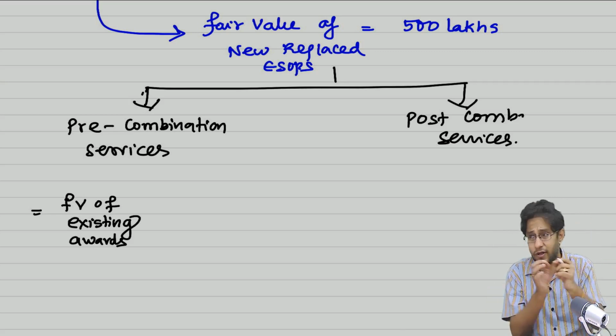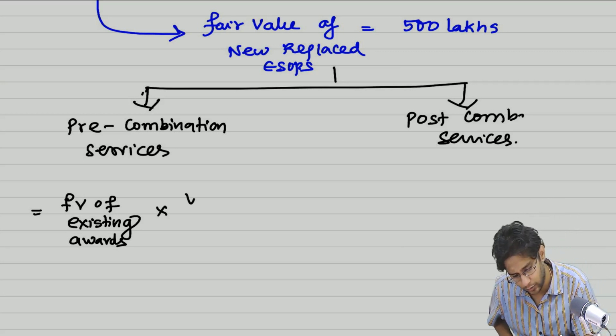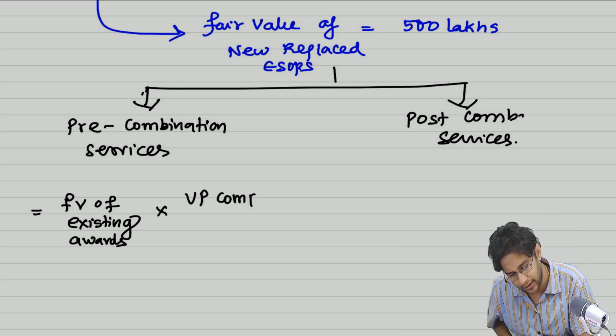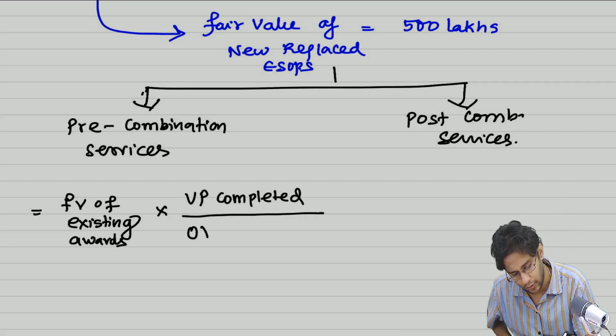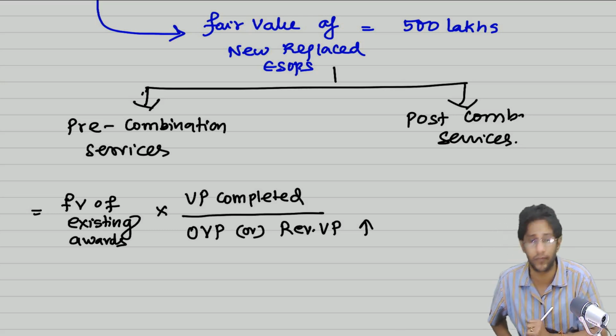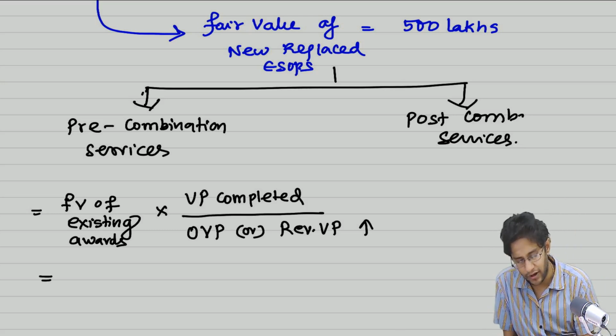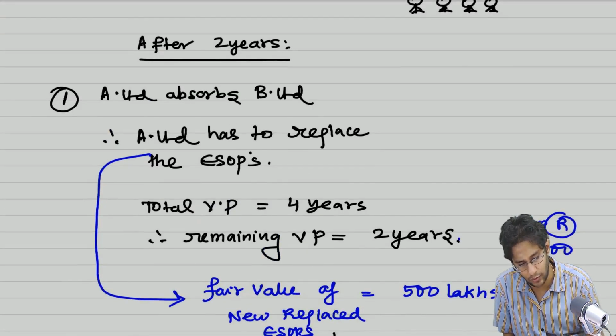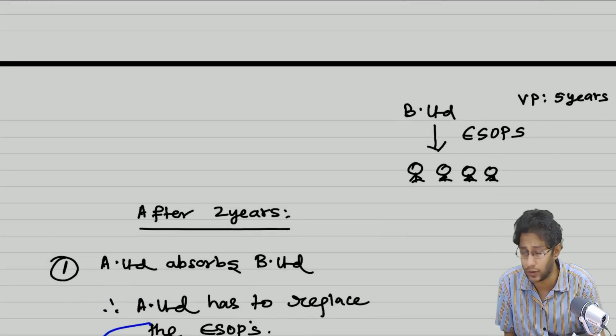The fair value of the existing awards multiplied by the vesting period completed till date, divided by the original vesting period or the revised vesting period, whichever is higher. This is the formula given. Fair value of existing awards, for example, these old awards which B once gave to these employees.